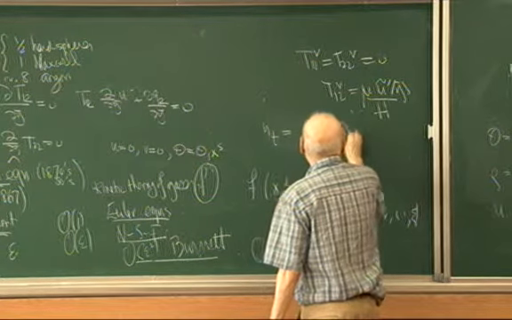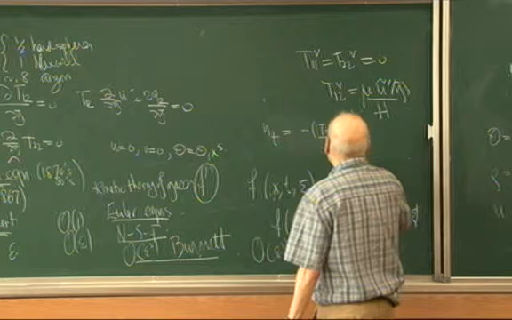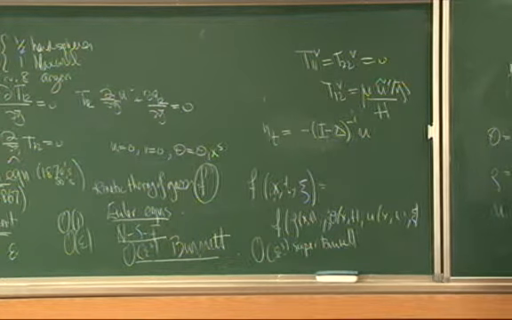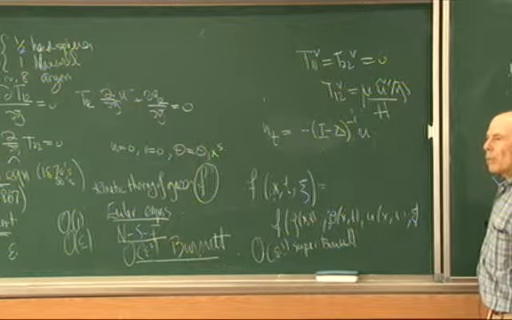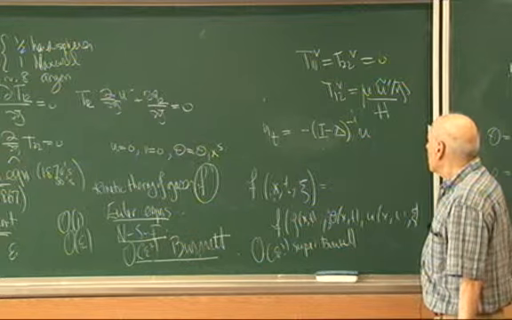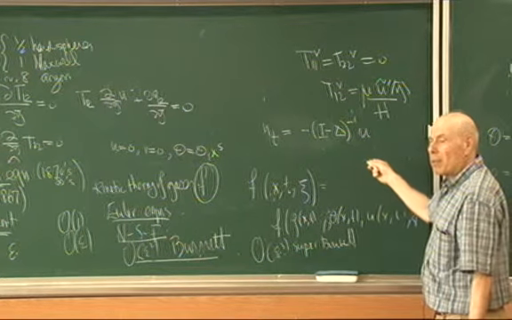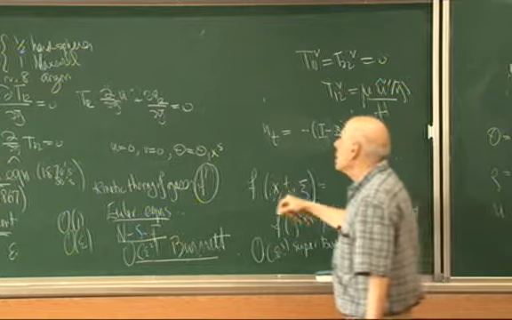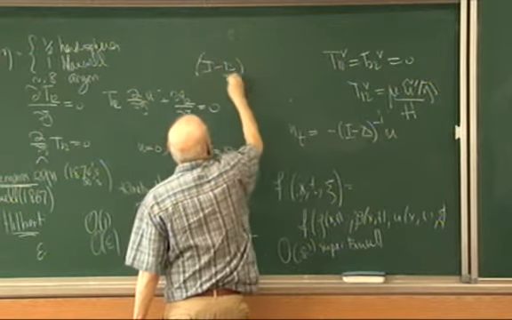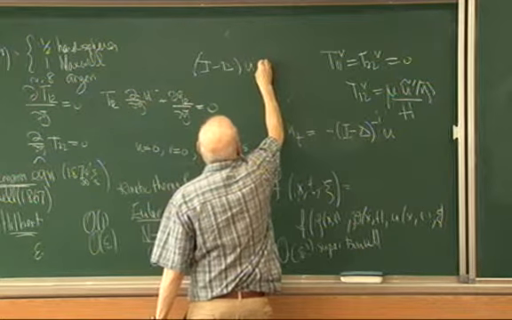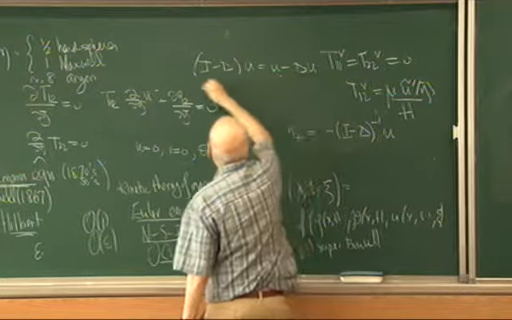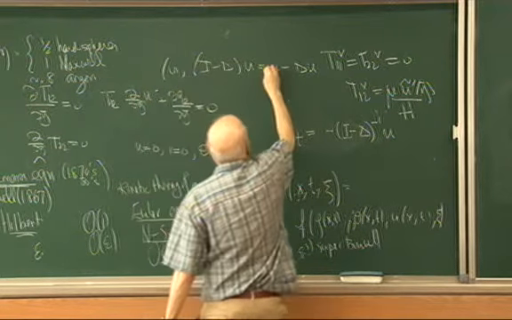I minus Laplacian u? I forgot. Let's check the sign. Is that good or bad? Well, it just depends whether I minus Laplacian is a positive operator or a negative operator. So let's see. I minus Laplacian on u is u minus Laplacian u, multiplied by, take the inner product with u.